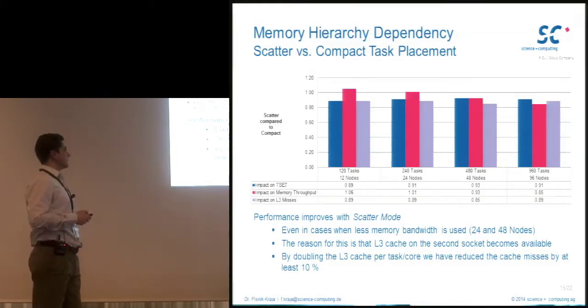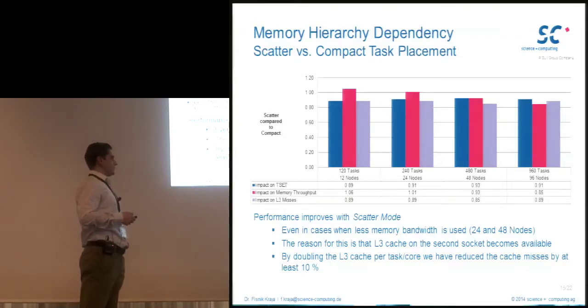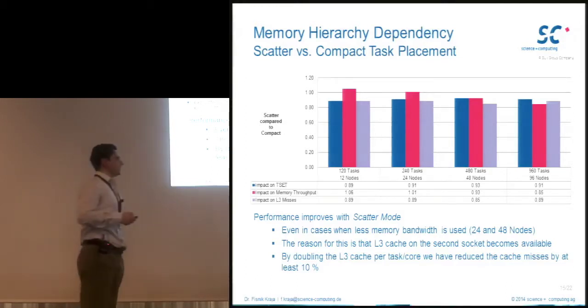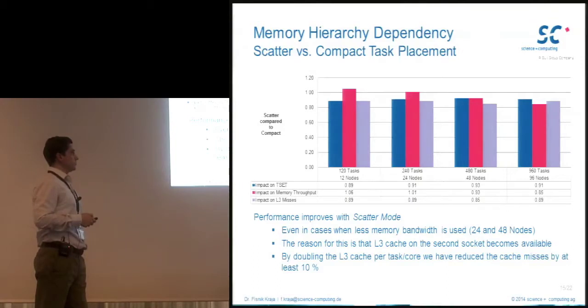But this is not the same when we go to tests with a lot of nodes, like 96 nodes. We see that we still reduce the elapsed time by 9%, but the memory throughput did not really increase.